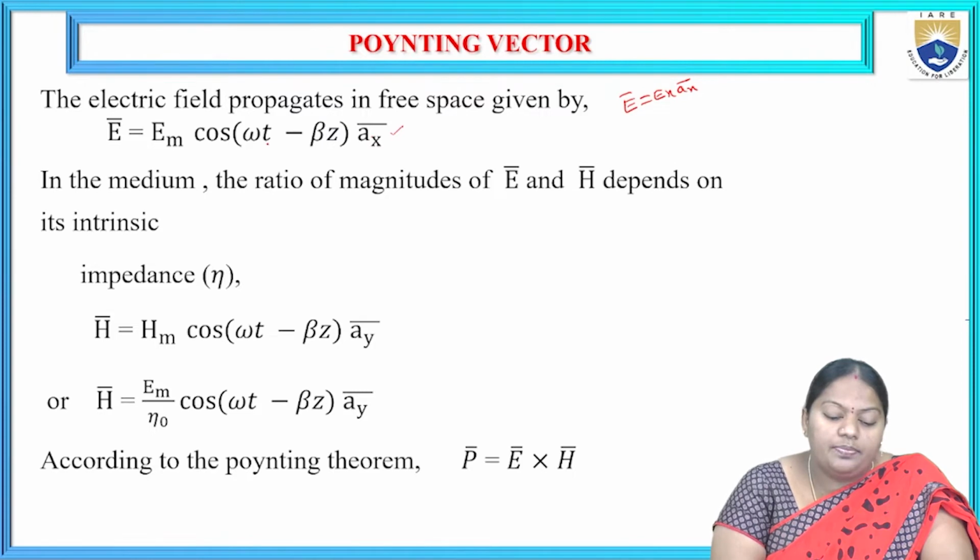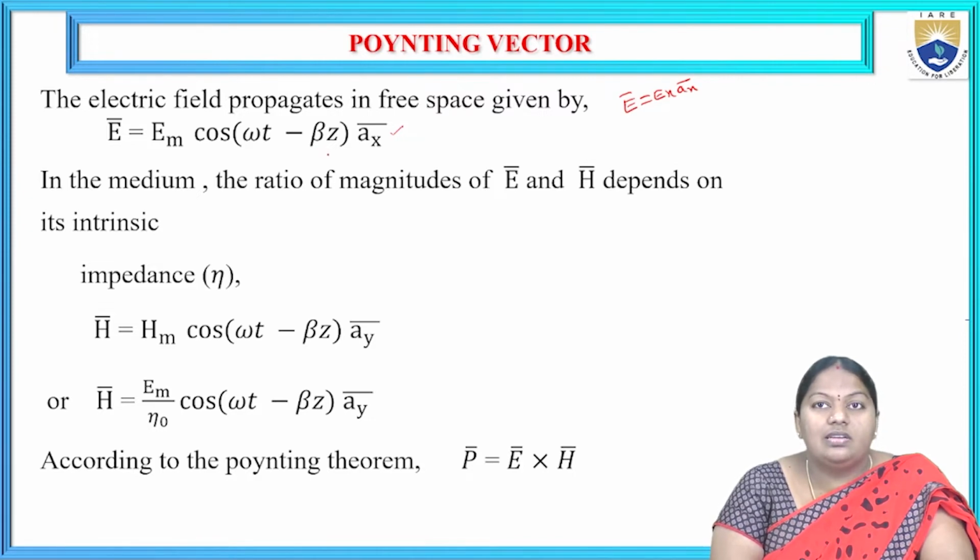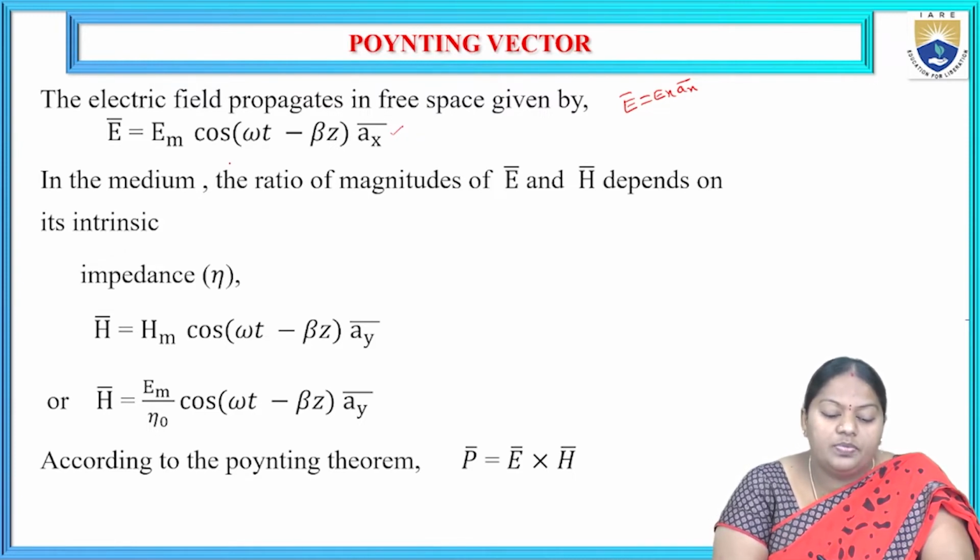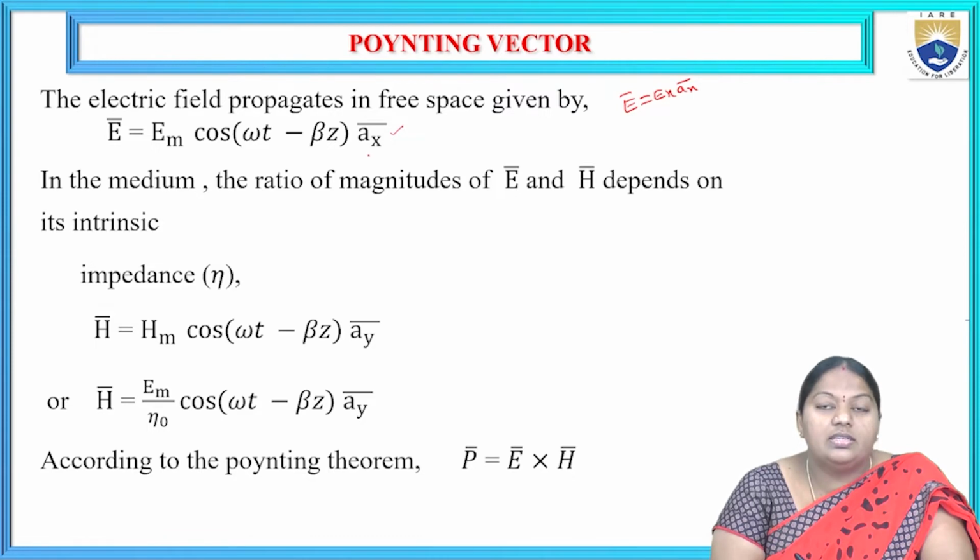So omega is the angular frequency of the wave, beta is the phase constant, and z is the propagation direction. And omega t minus beta z means here we have considered a forward direction wave, right? So E bar is given by Em cos(omega t minus beta z) into Ax bar, right?